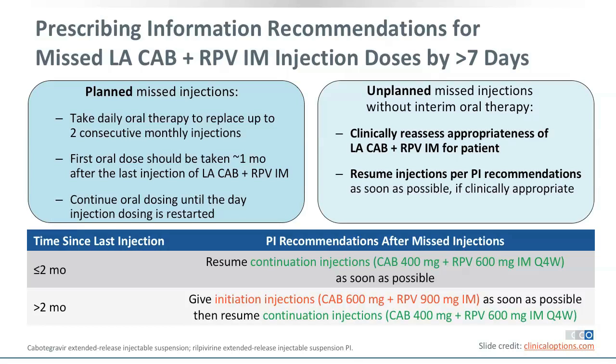However, if there has been a prolonged interruption such that there's been more than 2 months since the last injection, one reinitiates the loading dose initiation injection, which is a slightly higher dose and volume. This is then followed by the monthly maintenance doses of 400 milligrams and 600 milligrams, respectively, for cabotegravir and rilpivirine.